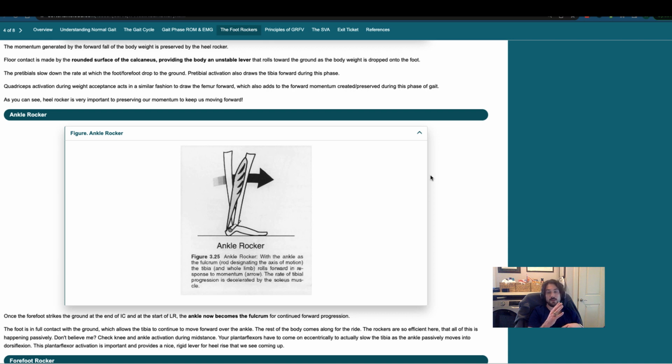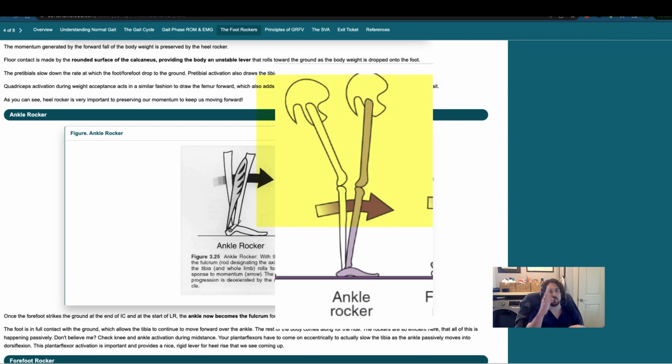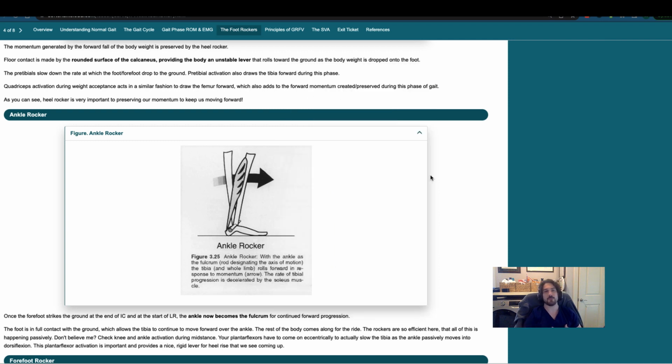As the tibia is slowing, what's important is that our thigh segment continues to accelerate. And once the tibia reaches that 10 to 12 degrees of tibial incline, our thigh segment is able to pass over the tibia, and that helps us maintain forward motion. But then what happens when we fix the ankle into a neutral position?